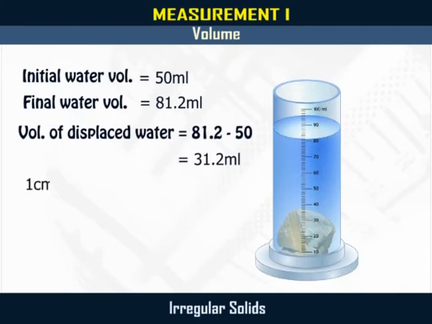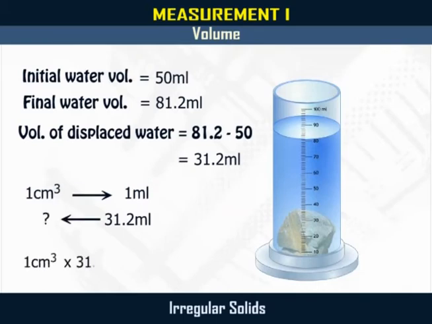If a volume of 1 cubic centimeter can hold 1 milliliter of a liquid, how about 31.2 milliliters? So we have 1 cubic centimeter times 31.2 milliliters over 1 milliliter. The milliliters cancel out and we get 31.2 cubic centimeters. The volume of the water displaced is 31.2 cubic centimeters, and this is also the volume of the rock.